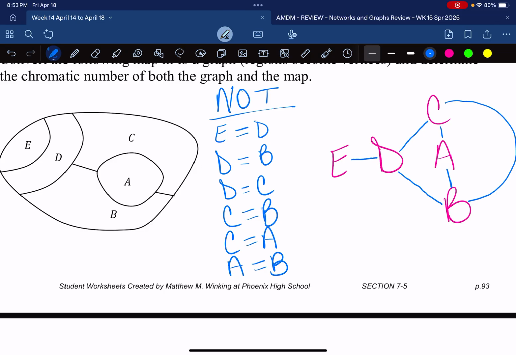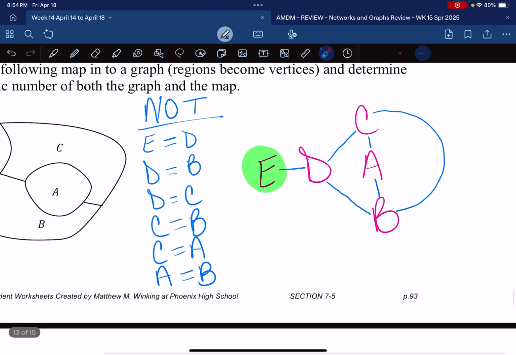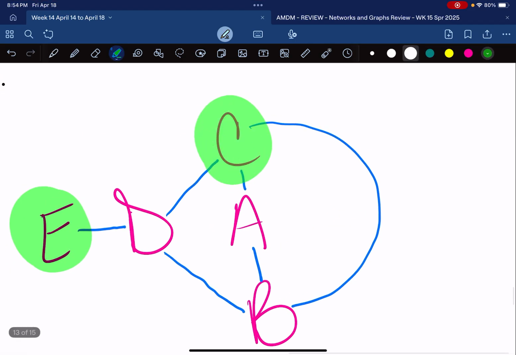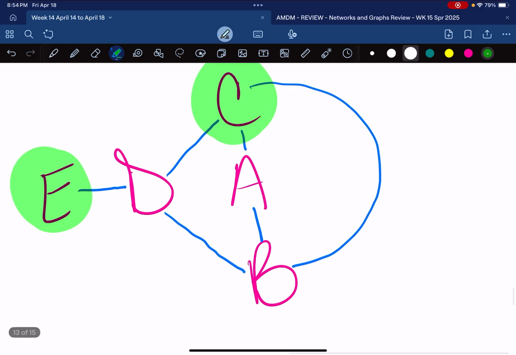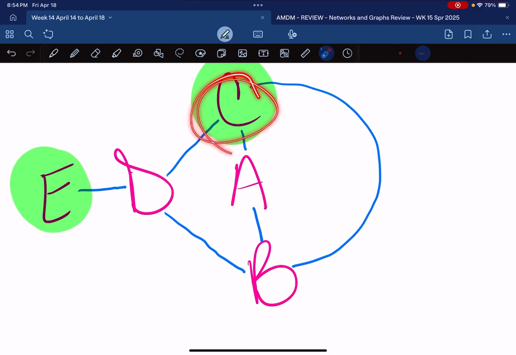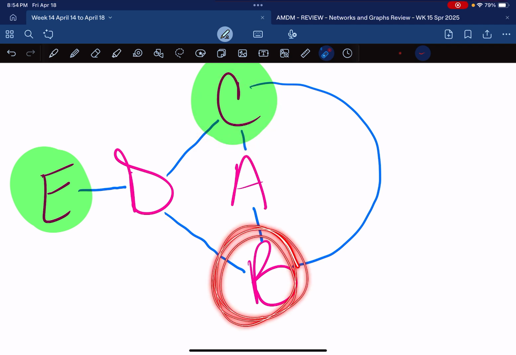So when I'm looking at this, if I colored E green, I'm going to look and say, hey, these two can't be green because E and D cannot be side by side and be the exact same color. So I can make C green, but that means A cannot be the same color as C because they share a side here. So can I make B green as well?